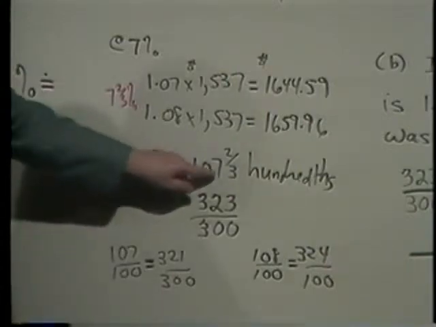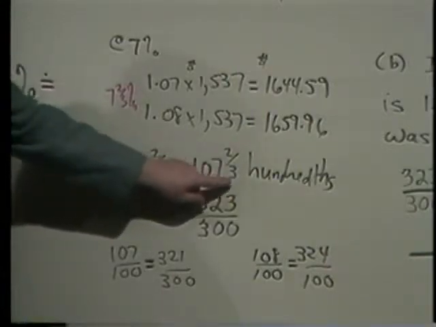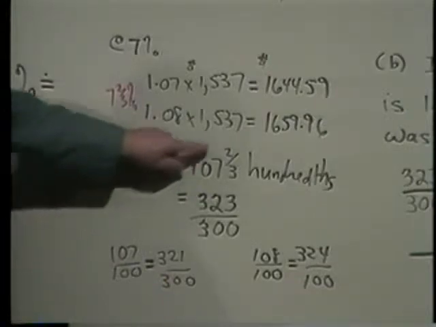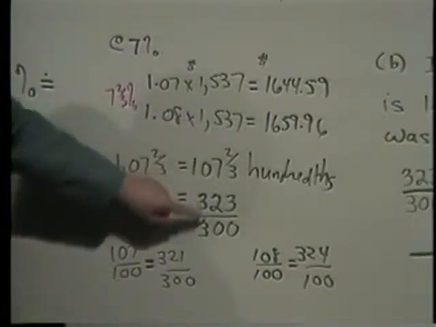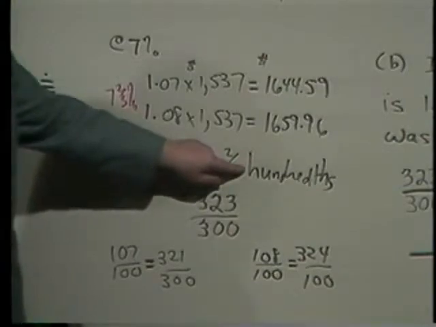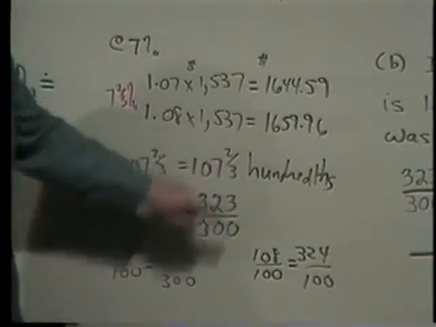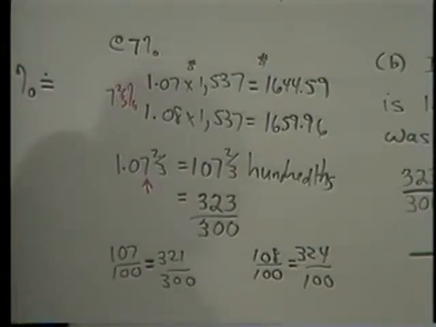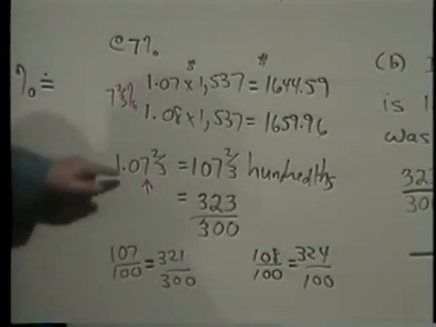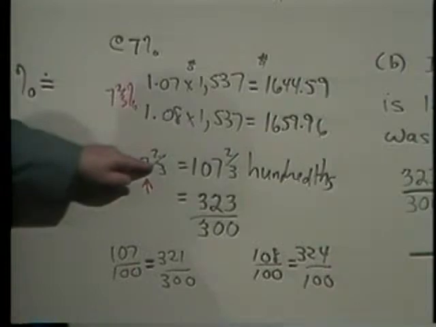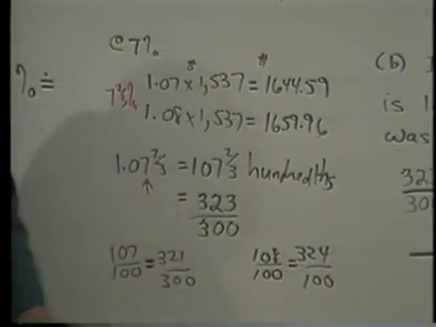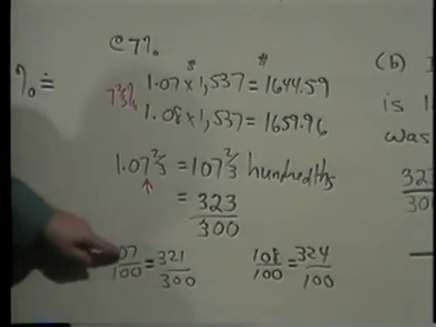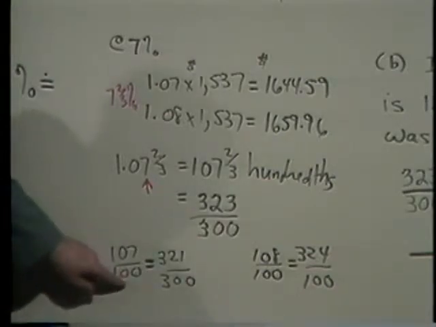As a mixed number, 107 2/3 becomes what? It's 3 times 107, which is 321, plus 2 is 323, over 3, but hundredths means divided by 100, and to divide a fraction by 3, we tack on 2 more zeros to the denominator. In other words, 107 2/3 is the same as 323 over 300. And if you want to check this, 1.07 is 107 hundredths.